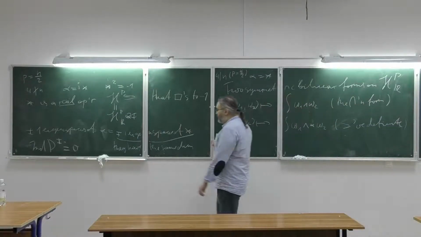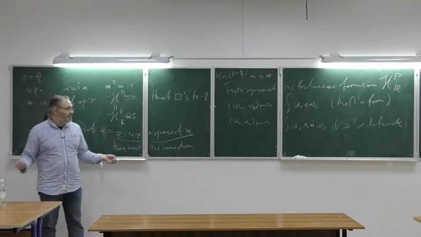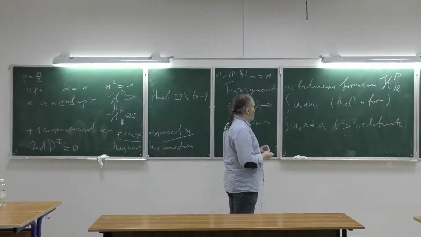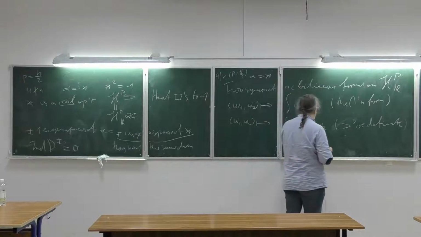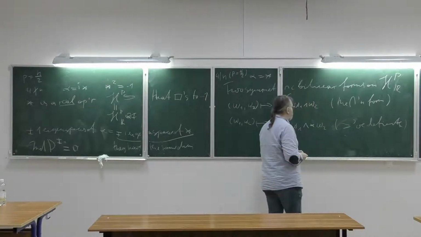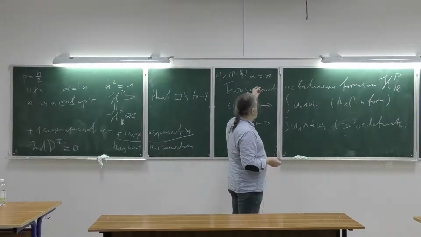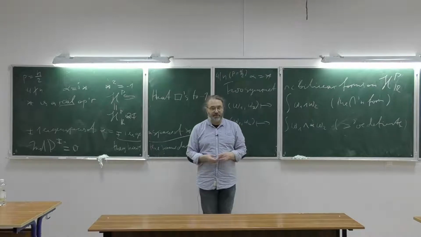But on the other hand, the second form is the scalar product. It's positive definite. So star, which is the same as alpha, transforms the intersection form into something positive definite.